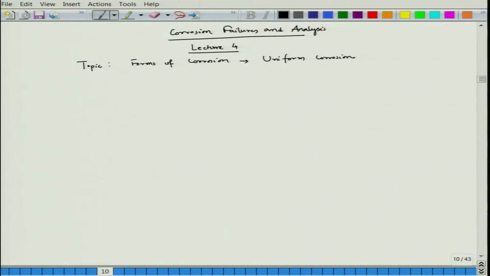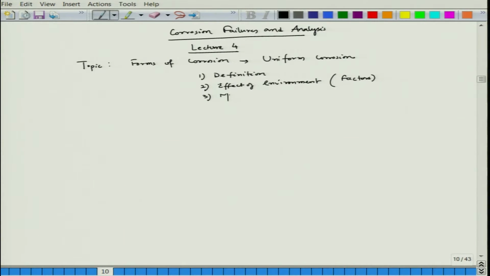Now, as I have told you, there are 5 segments. First segment is definition, second is effect of environment, or I would say factors.